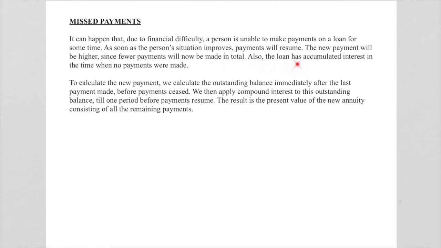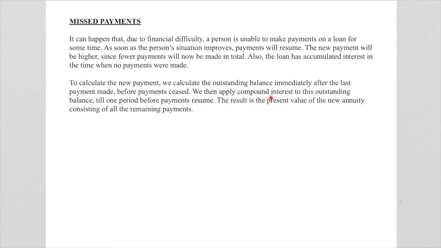Also, the loan has accumulated interest in the time when no payments were made. So right up to the time when we've made the last payment, we then need to apply compound interest on the loan up to the period before we resume payments. To calculate the new payment, we calculate the outstanding balance immediately after the last payment was made, before payments ceased.